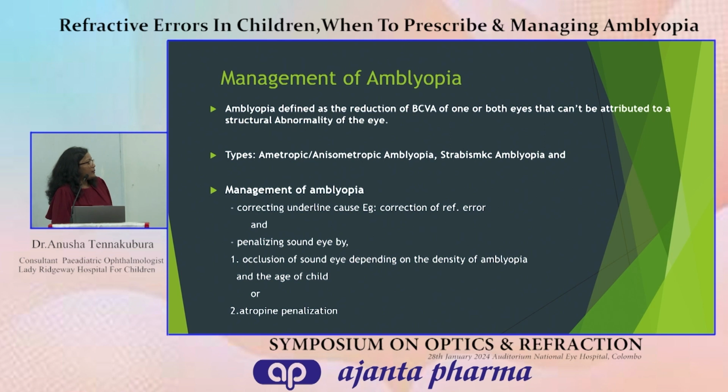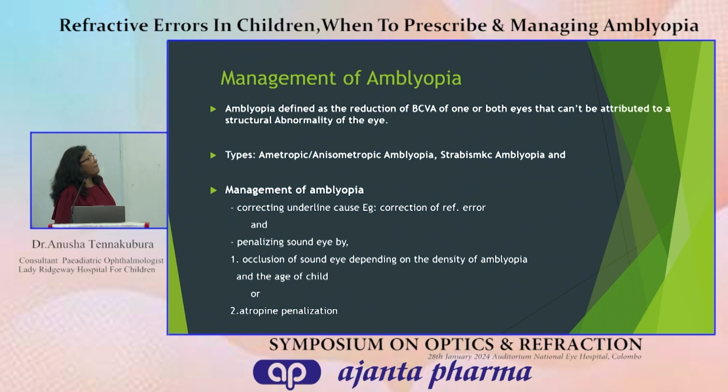Then there is strabismic amblyopia, where the primary cause is strabismus, and deprivational amblyopia, which is sensory deprivation due to media opacities or some other ocular pathology. So those are the types, right?